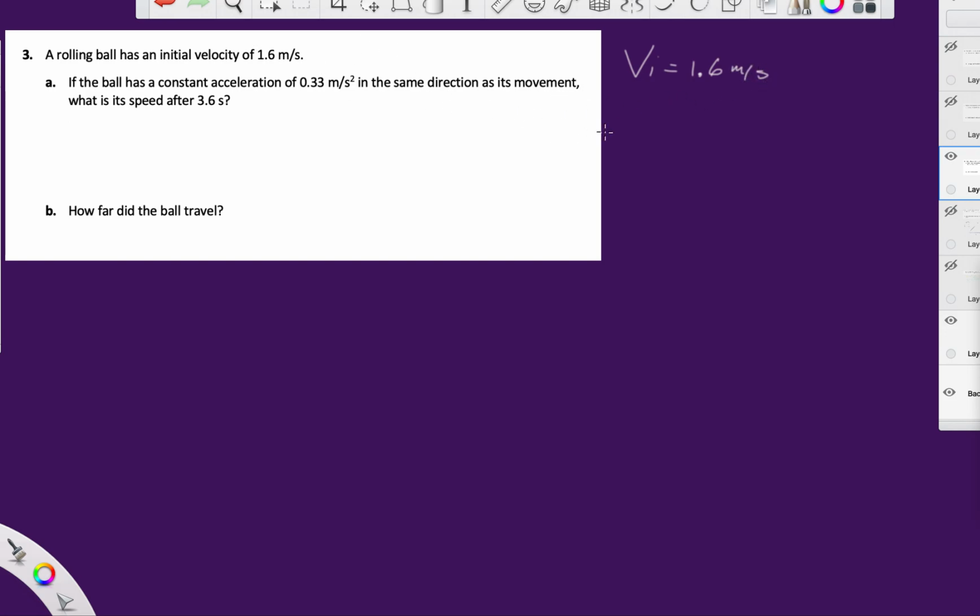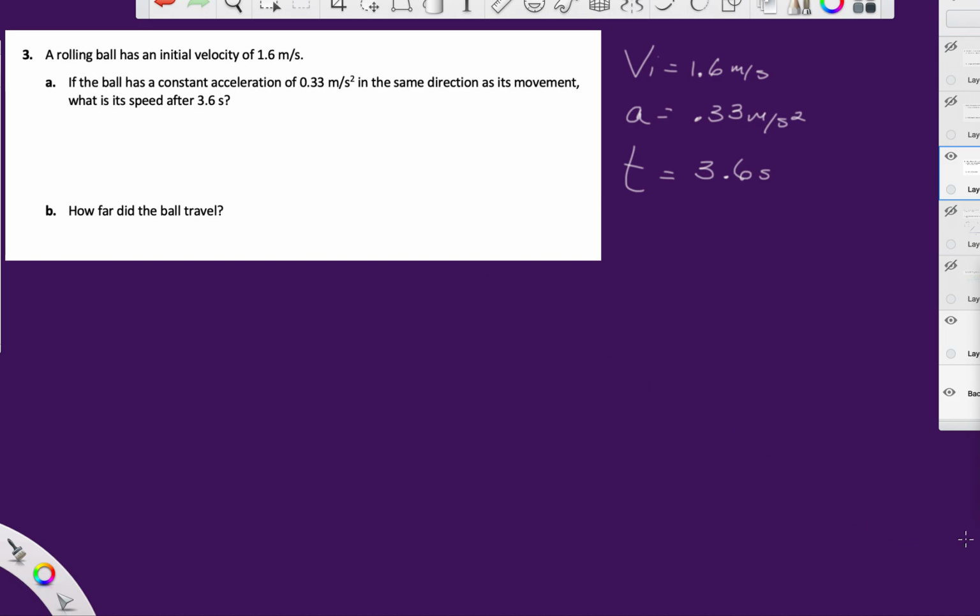Next, I have a constant acceleration of 33 100ths meters a second squared. Last but not least, they give me time, and the time is 3 6/10 seconds.